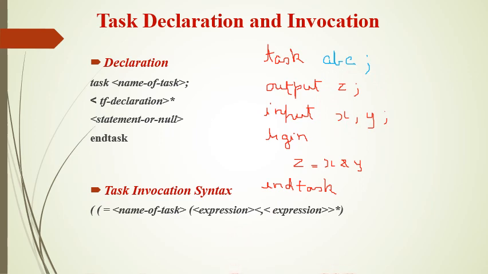For example, the name of the task is ABC, and inside my module I have declared, say, R as output and P and Q as input, whose AND operation I want to perform. This is how you invoke the task.